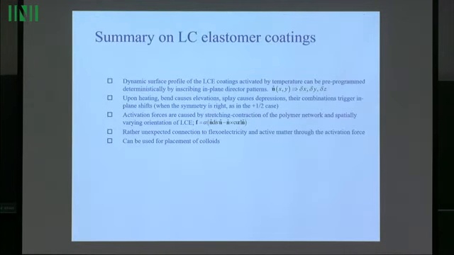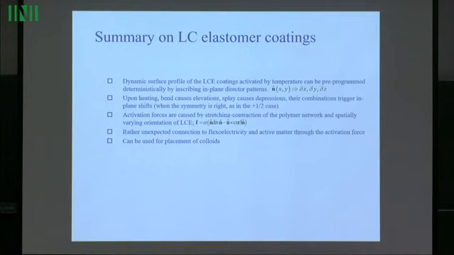So the summary on these liquid crystal elastomer coatings is very simple. By creating a rubber out of liquid crystal and patterning the director field, you can make a shape of the interface that would be deterministically defined by the underlying pattern.